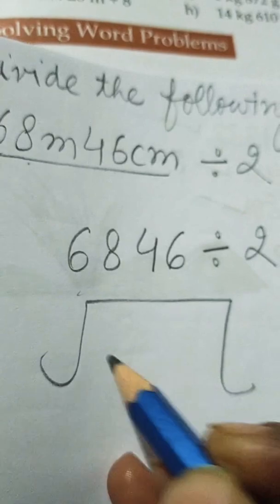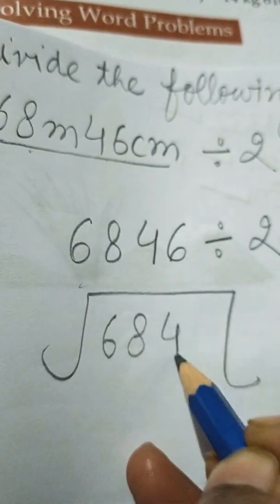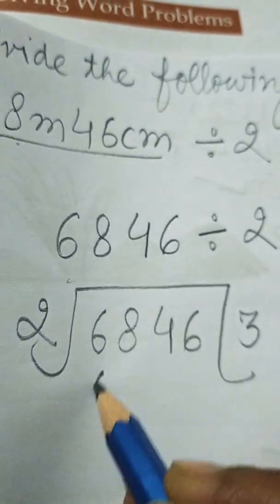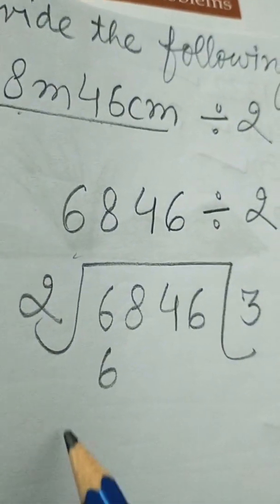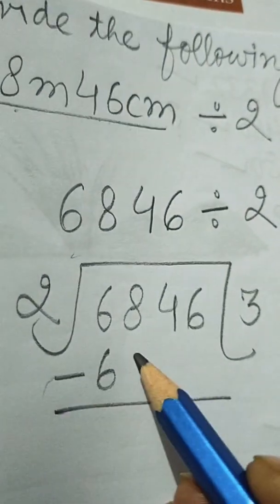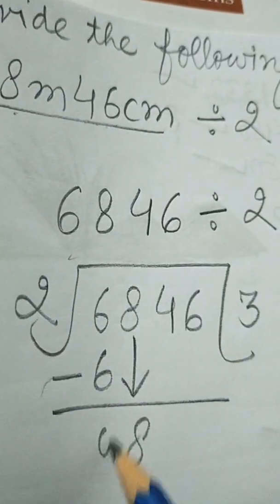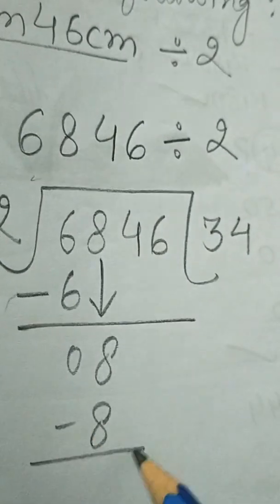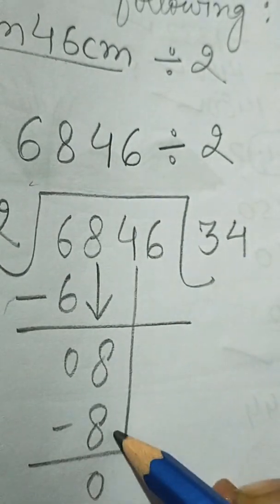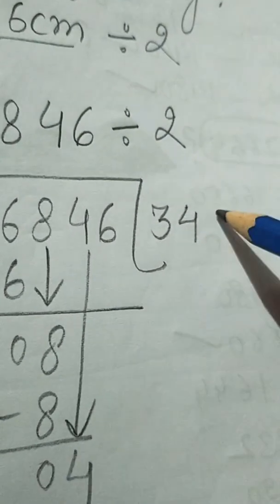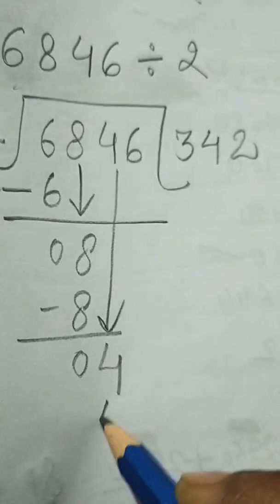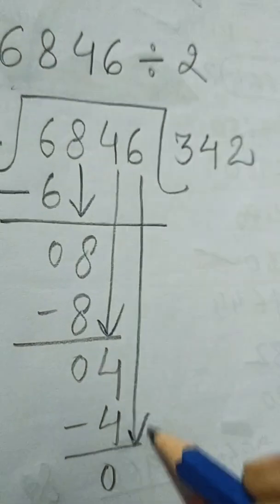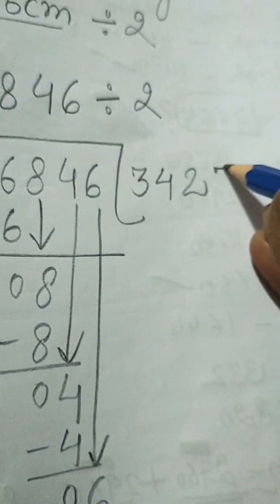Yes, here we got 2 3s are 6. Next digit 8. 2 4s are 8. Then next is 4. 2 2s are 4. And the next is 6. 2 3s are 6.